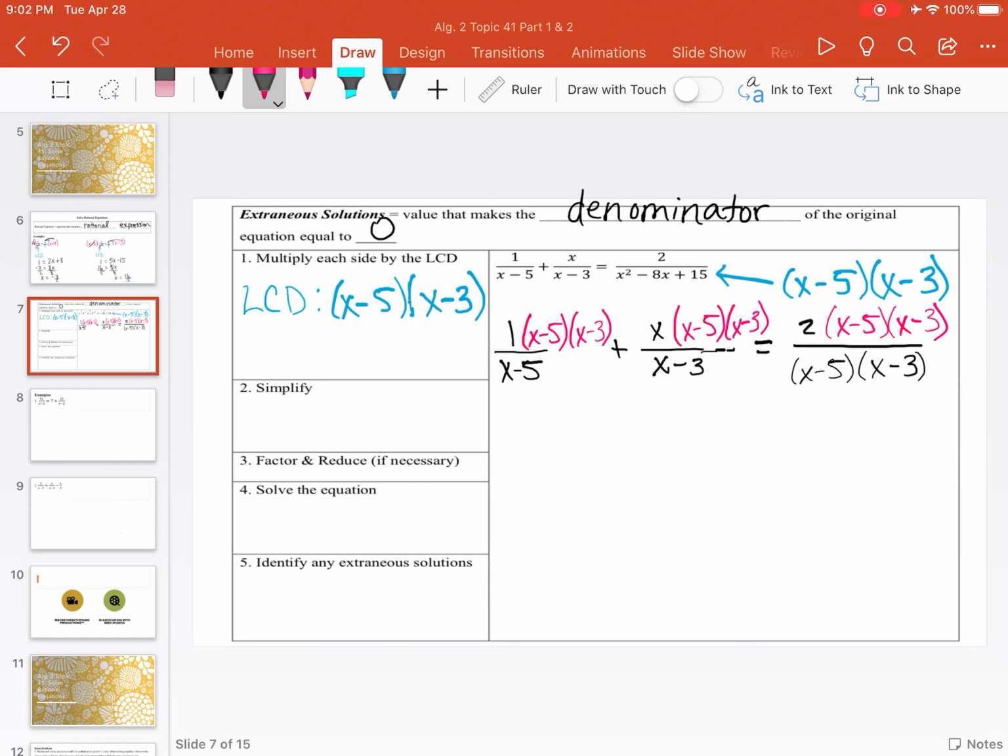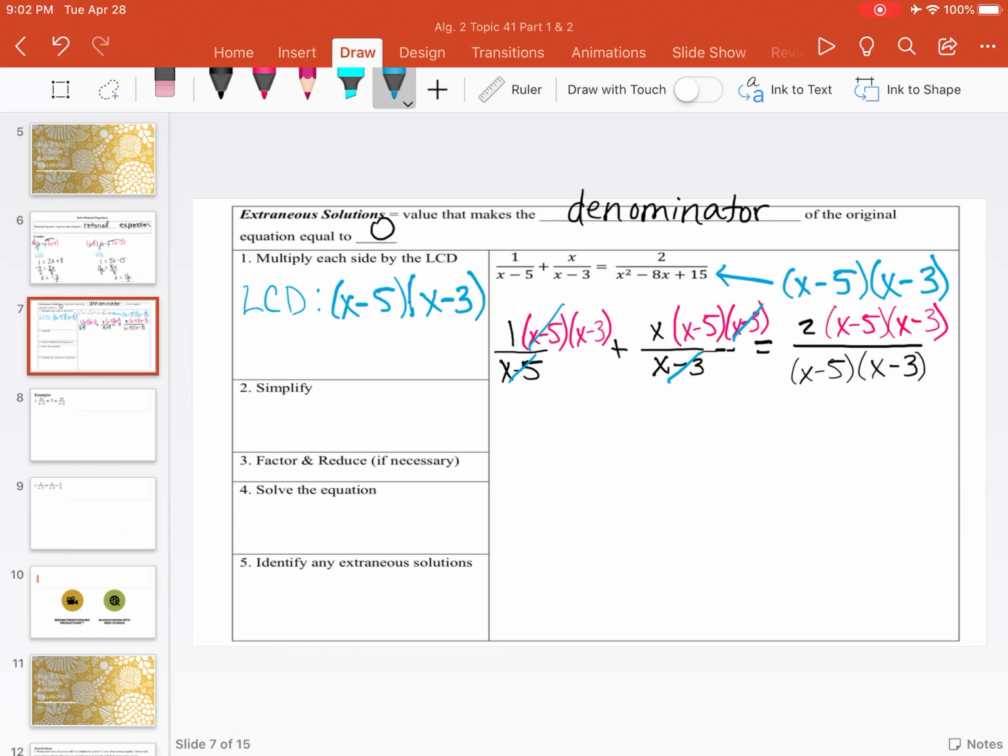Okay, so here what we're going to do is we're going to now simplify. So notice how we have an x minus 5 in the numerator and 1 in the denominator. Reduces to 1. x minus 3 in the numerator, x minus 3 in the denominator, that value reduces to 1.